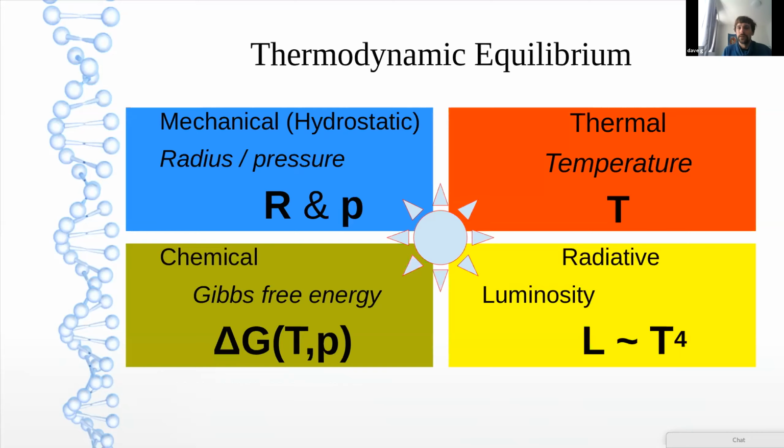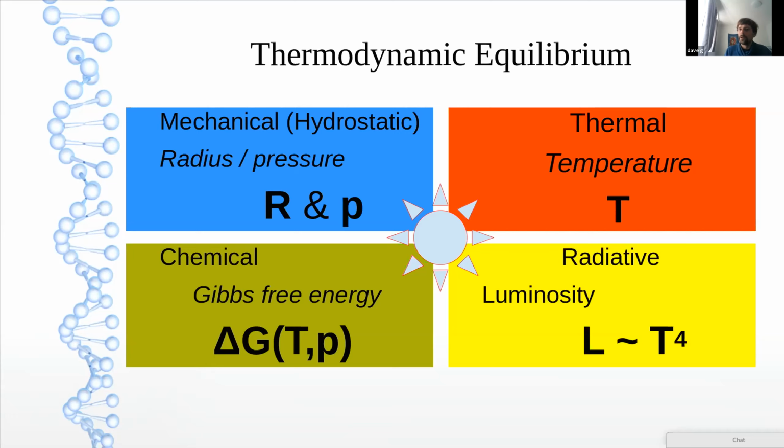If we have a look at thermodynamic equilibrium, we can split it up into 4 components. One of them is the mechanical equilibrium, also called hydrostatic equilibrium. This is given by a constant radius, or by the equilibrium of inward directed gravity pressure and outward directed thermal, or in some cases radiative, pressure that keeps the star in its spherical shape.